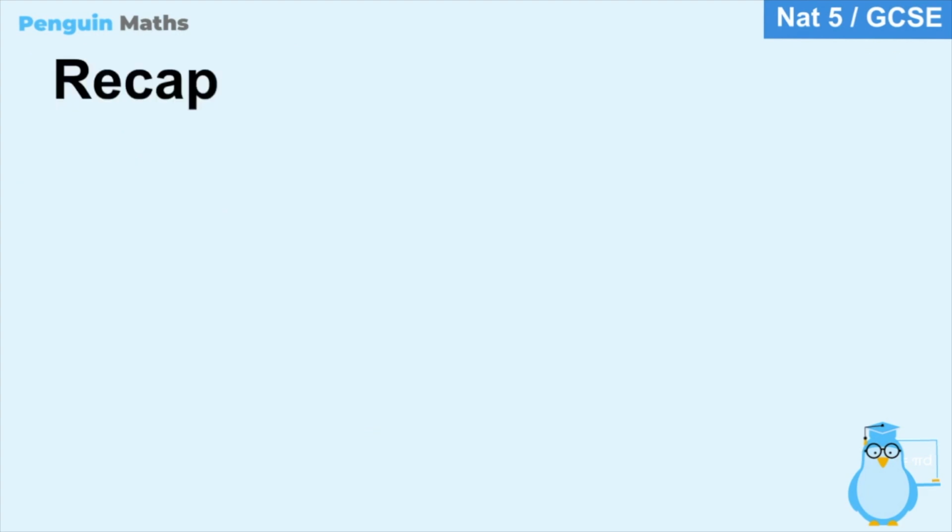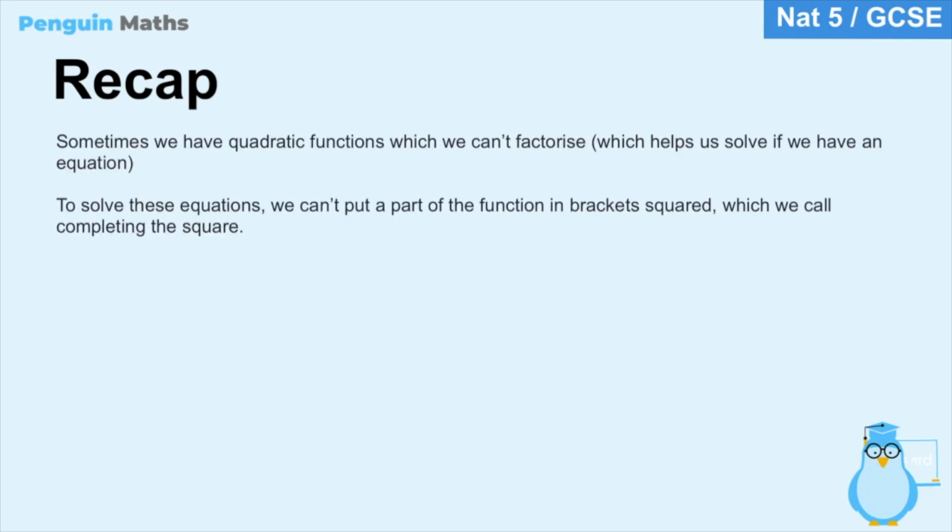Okay, so let's have a quick recap on this lesson we had on completing the square. So sometimes we have quadratic functions which cannot be factorised, and we said that if we do factorise a quadratic function, that can help us sometimes solve for an equation. But to solve a quadratic function which we cannot factorise, what we can do is put part of the function in a bracket squared, and this is what we call completing the square.